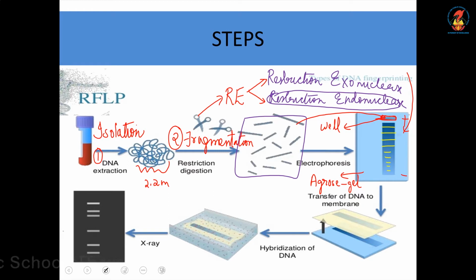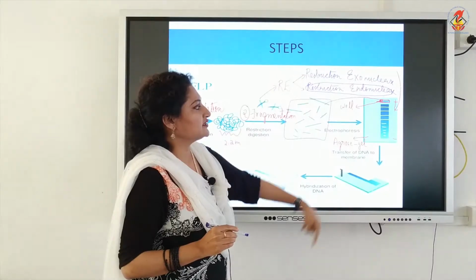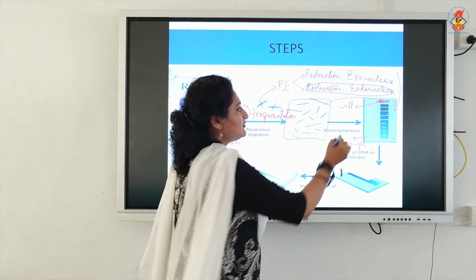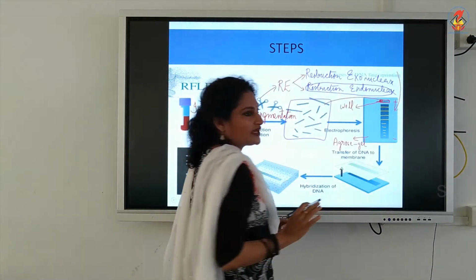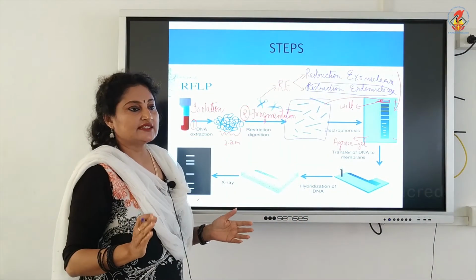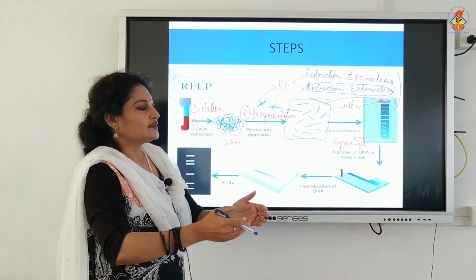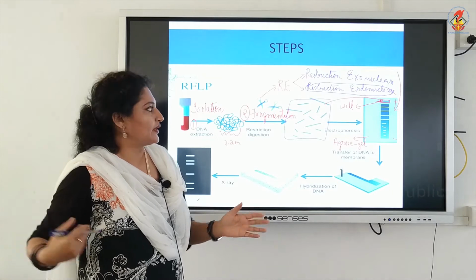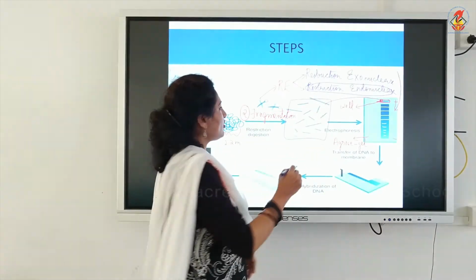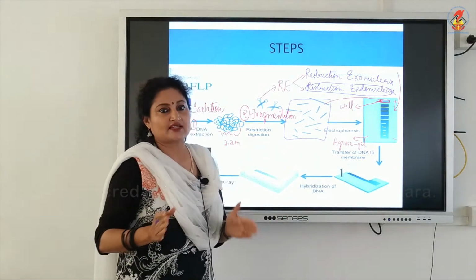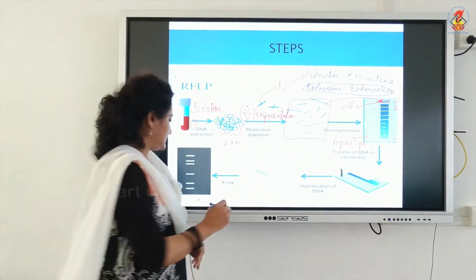So remember, the smallest fragment moves farthest away, and the bigger one stays towards the anode. We know that because DNA is negatively charged, it moves towards the anode. The smallest one moves further away. So the purpose of gel electrophoresis is to segregate the fragments based on sizes.